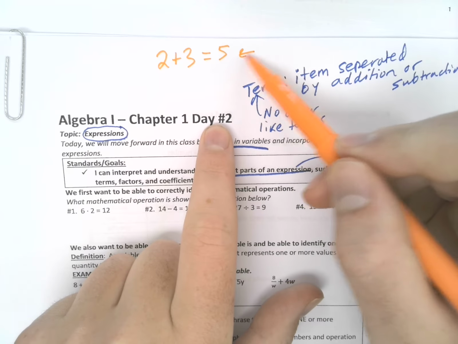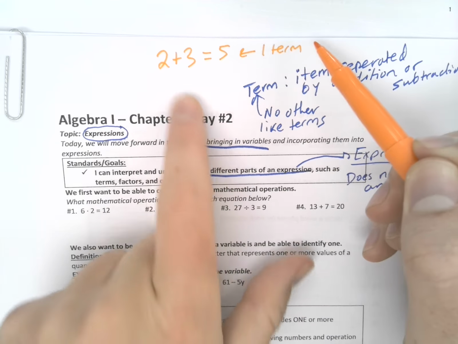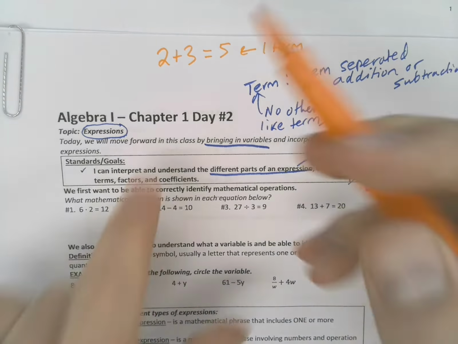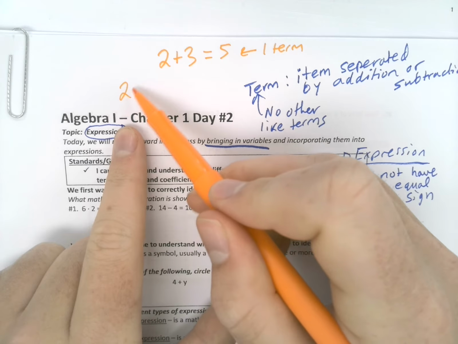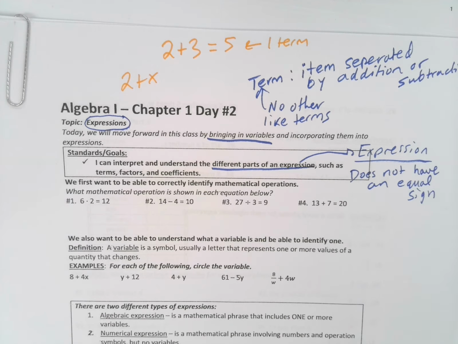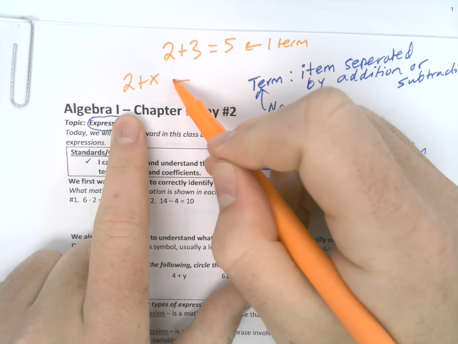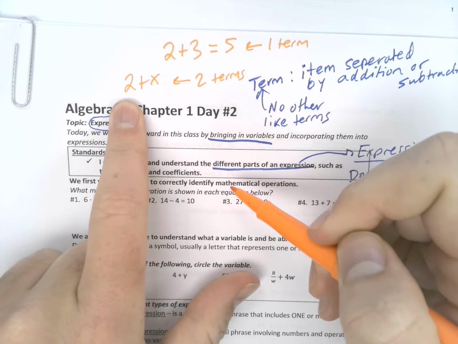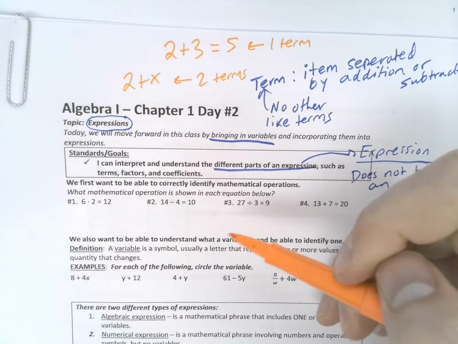This is just one term. 2 plus 3 is really one term. It's 5. But what if I were to tell you 2 plus x? Well, you can't add 2 and x. They're not like terms. So this would be two terms. 2 is one term, and x is the second term.